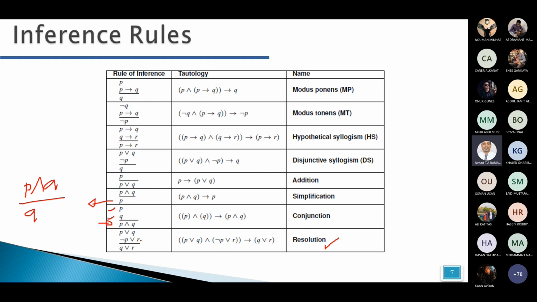Resolution rule. It says like this. If P or Q is a premise, and another premise is not P or R, look here, P and not P, then this gives us Q or R. One of them must be true to make this true.